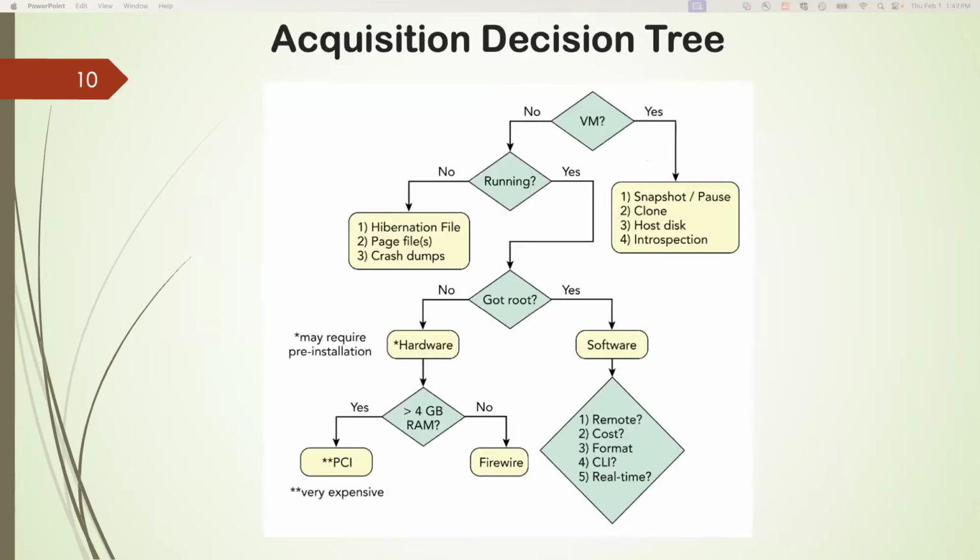Now let's talk about the acquisition decision tree. Sometimes you go to a case and you find a physical machine, sometimes you find a virtual machine. So what are the different steps or things that you need to be aware of for RAM acquisition? The first thing is to look at the machine from which you want to take the memory dump.